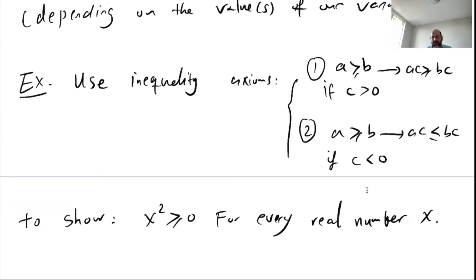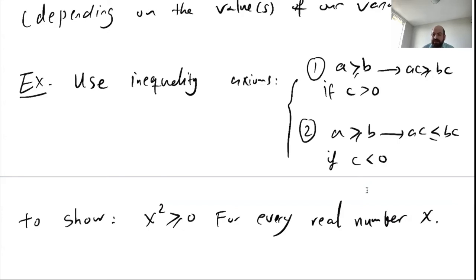right? So we already know that x squared is bigger than or equal to 0, in other words, non-negative for every real number x. But how can we provide a proof? We want to provide a proof using these two axioms. So here we want to use cases because we want to prove a statement about x, right?